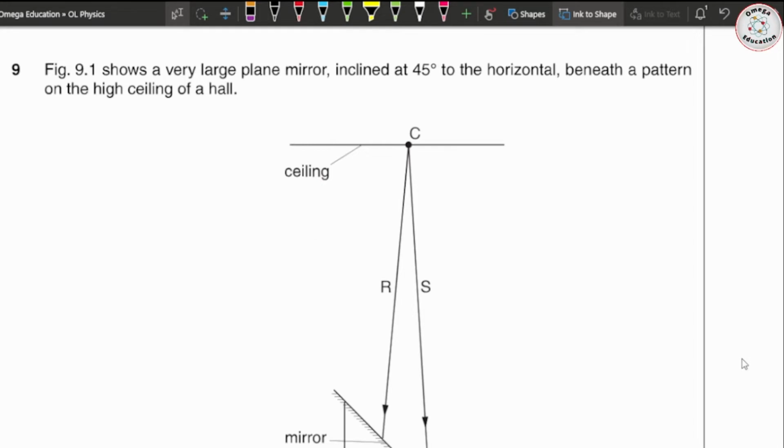In this video today, I'm going to solve some of the past paper questions from the topic light. Primarily, I'll be solving the questions from the topic reflection, refraction, and also critical angle and total reflection of light. The questions regarding the lenses, I'll be solving in another video.